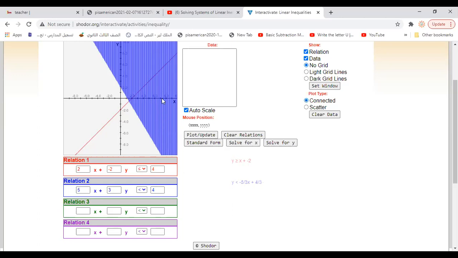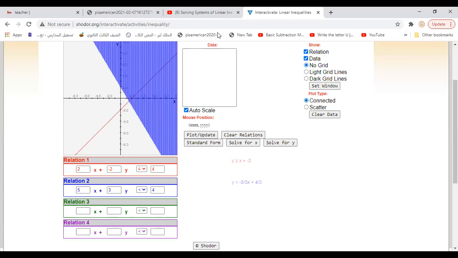Could you please give me any ordered pair in the common region? With the first one we shade above the line, and with the second under the line. So which region will be the common region?